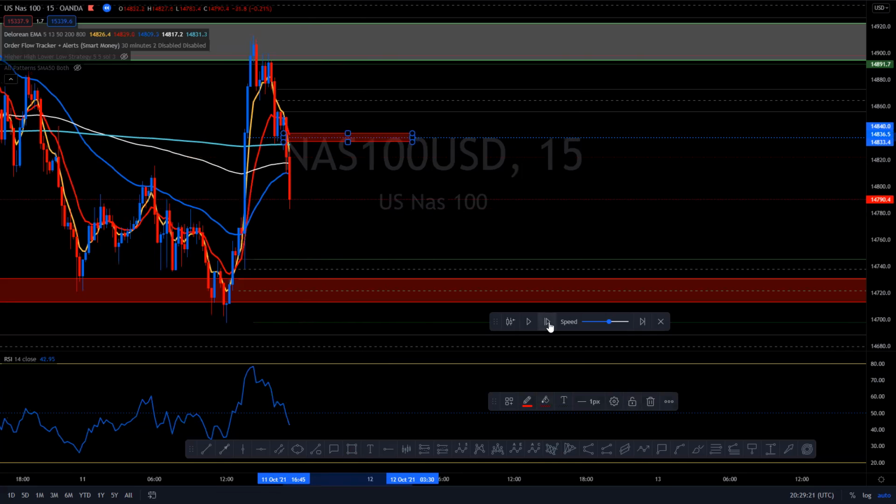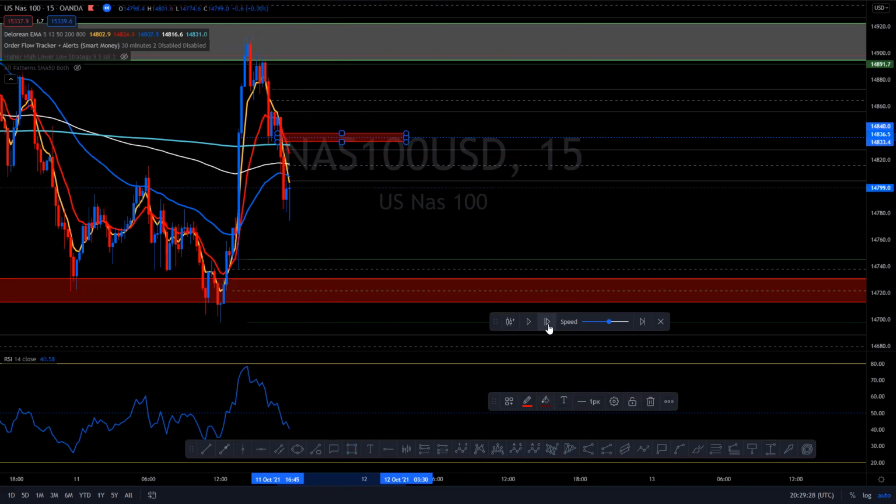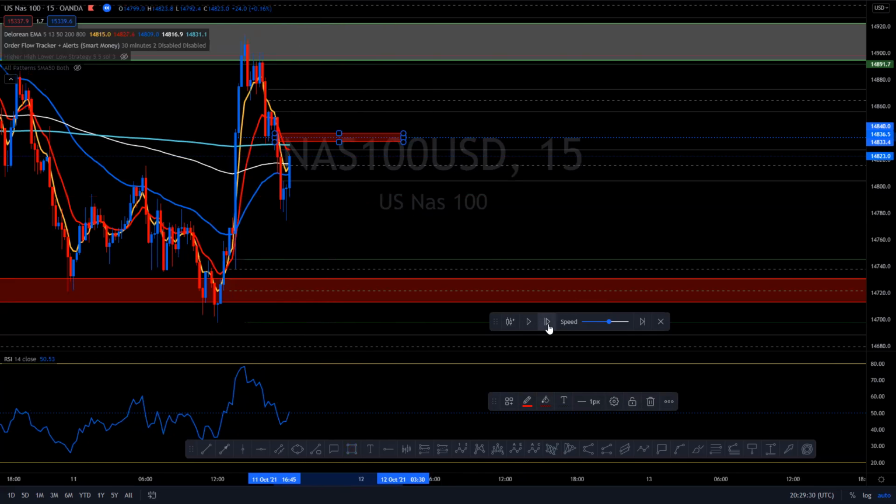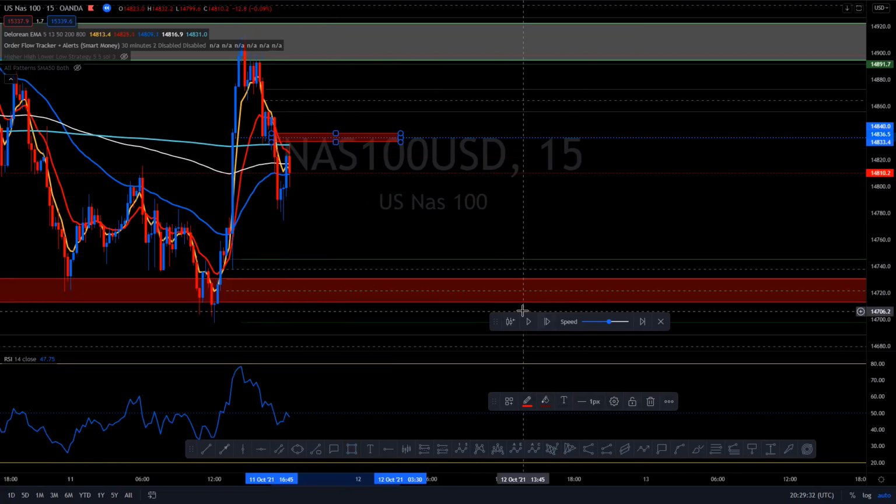Another imbalanced candle. So they're probably going to bring it up to here. So they're bringing it up. Yep, we were correct. This wick tested this here.